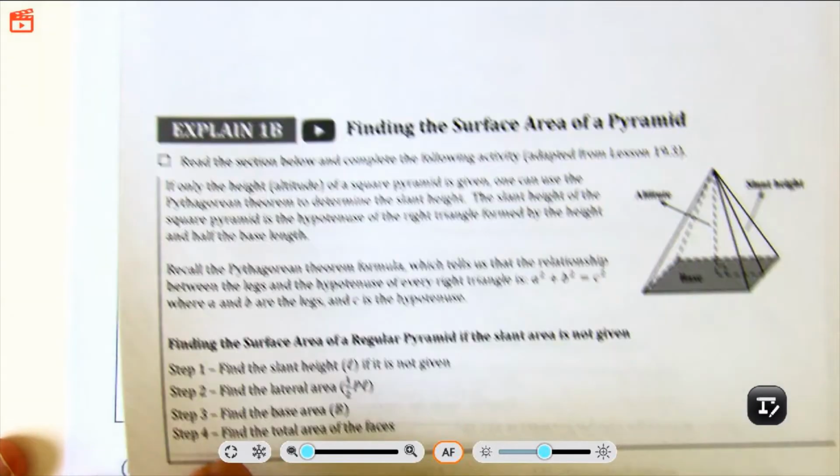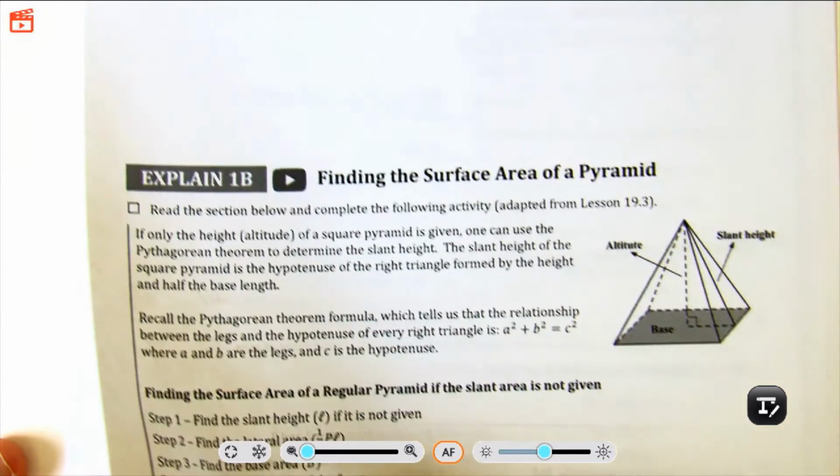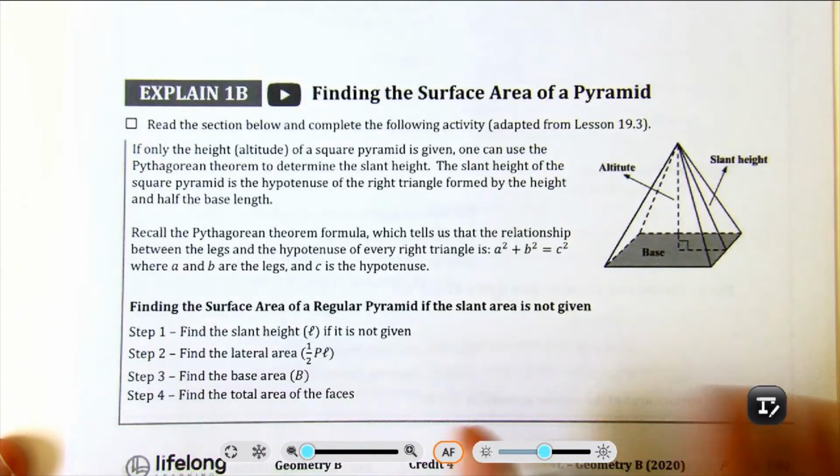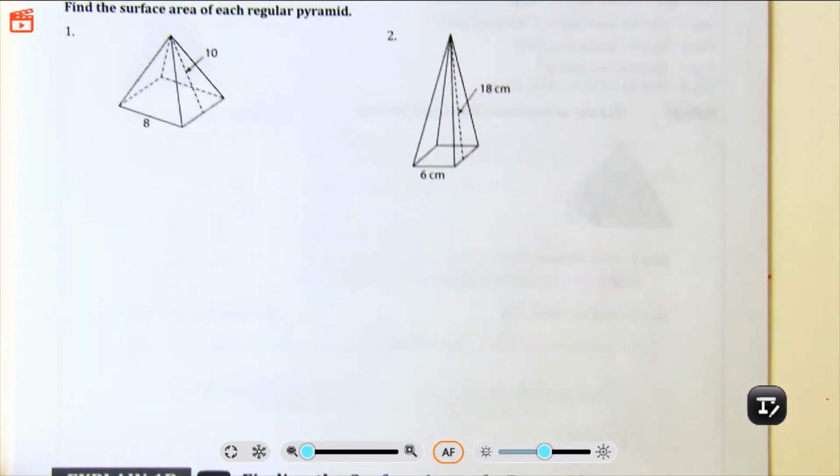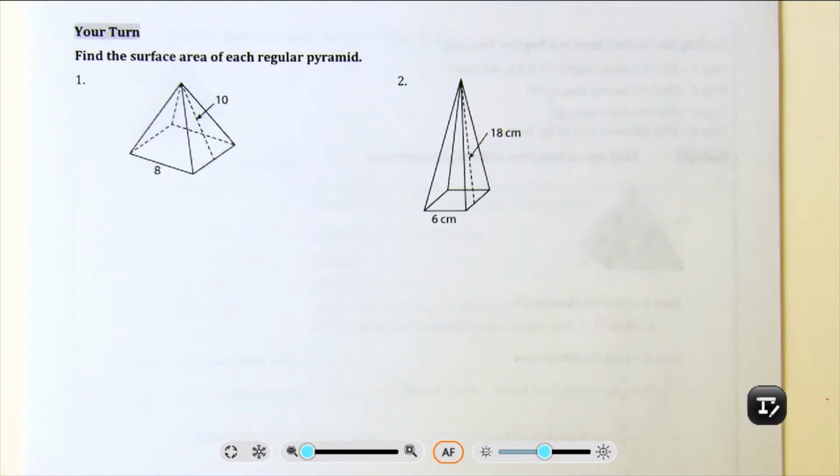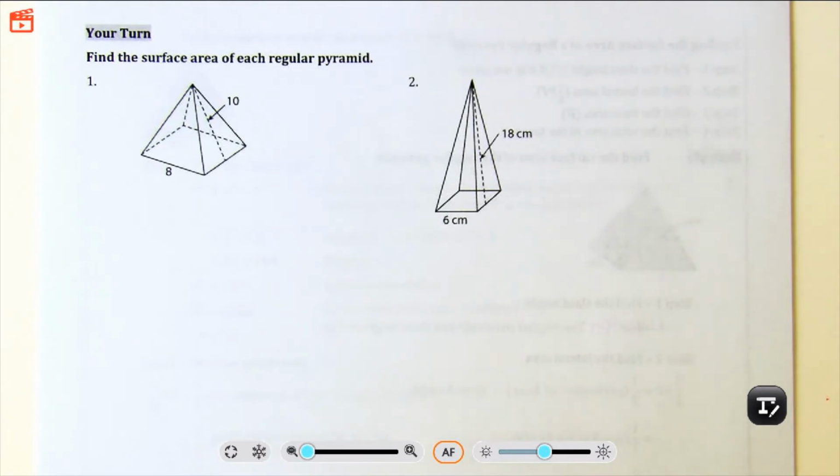Okay, let's practice a few problems where we have regular pyramids. We are given the slant height, and we're given one side of the base.